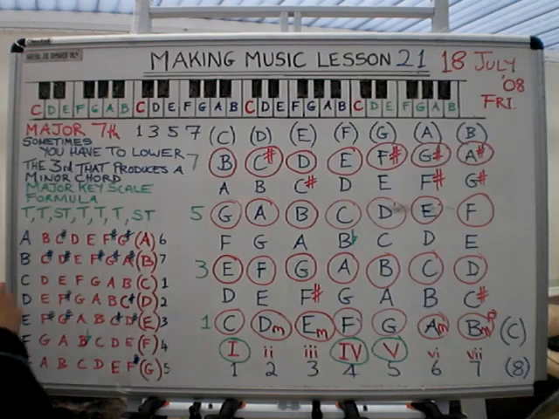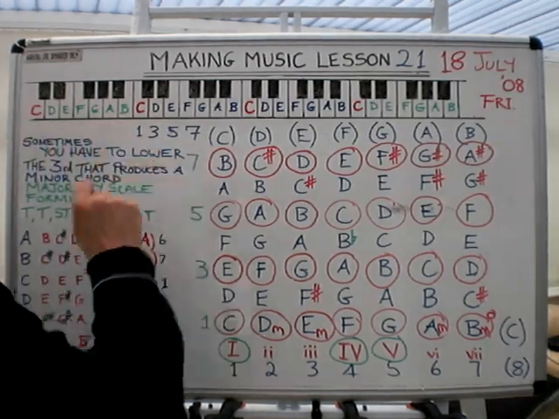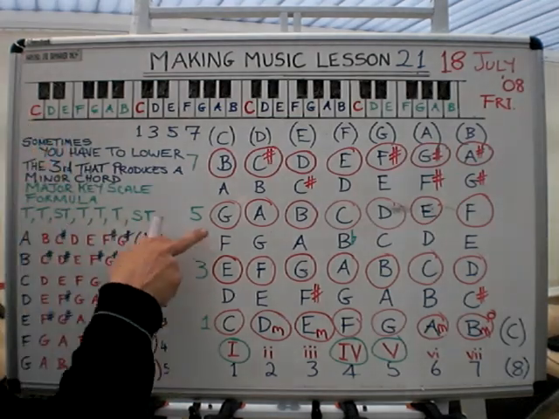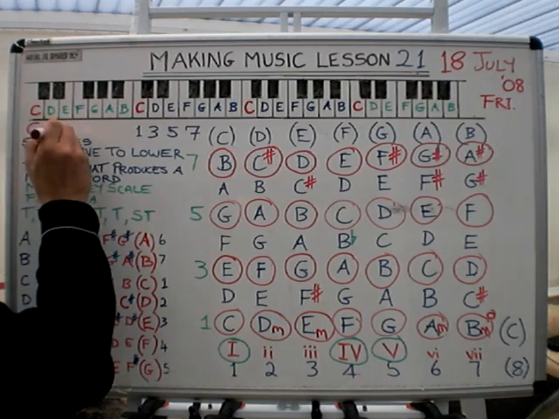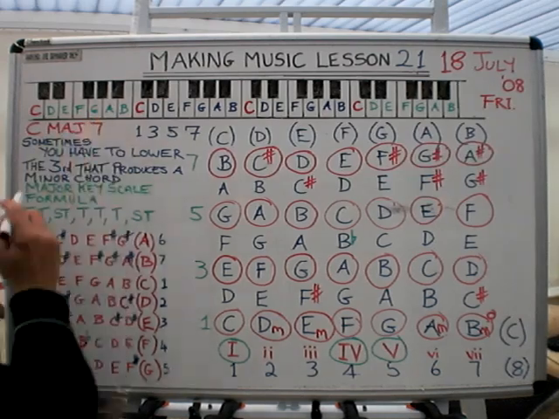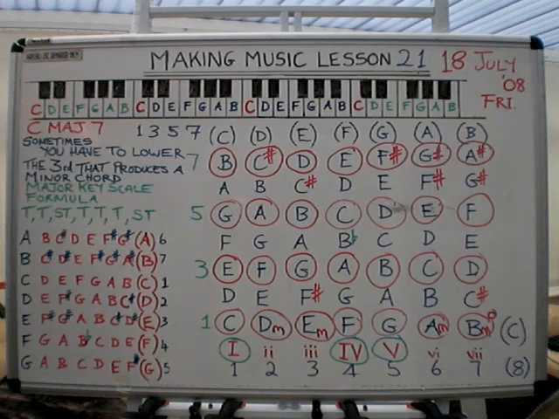Now the significance of this, I'm just going to rub that out. We'll say the C one, it'll say C major 7. That's how you could see it written out, C major 7.